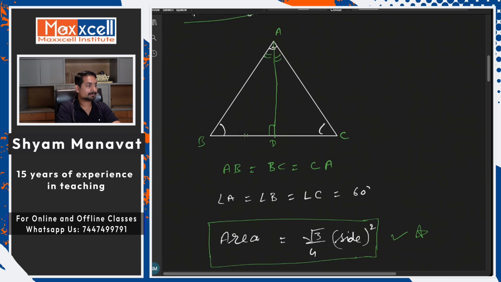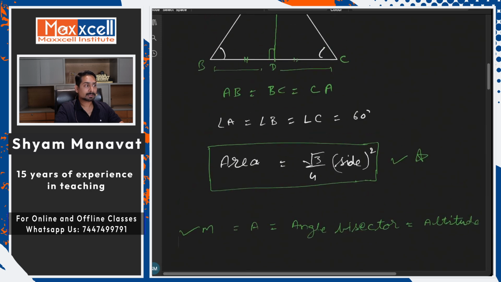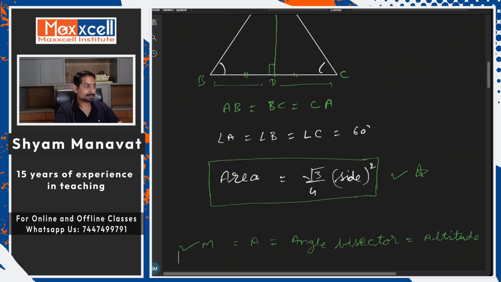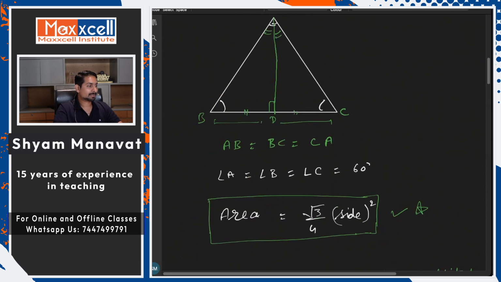And because it is a median, the area is divided into two equal parts, and the segments BD and DC are equal. So in an equilateral triangle, if you draw an altitude, it will also be a median and follow the properties of a median. That is the equilateral triangle.